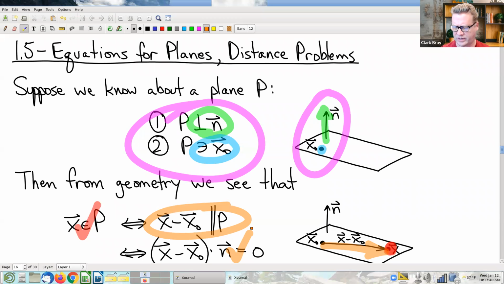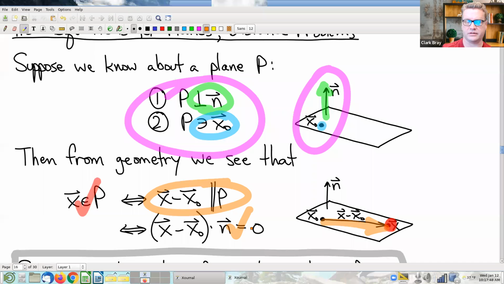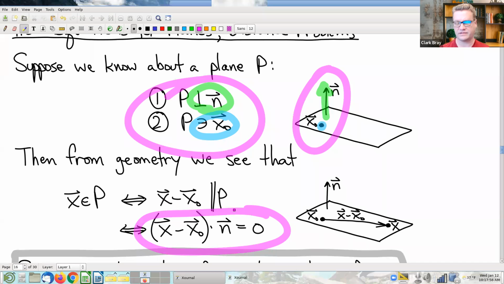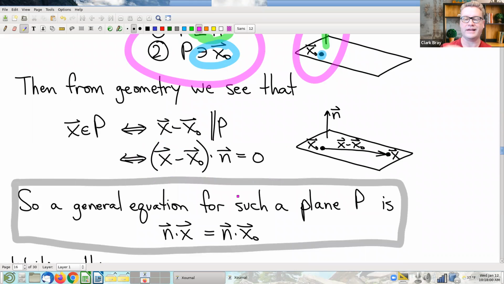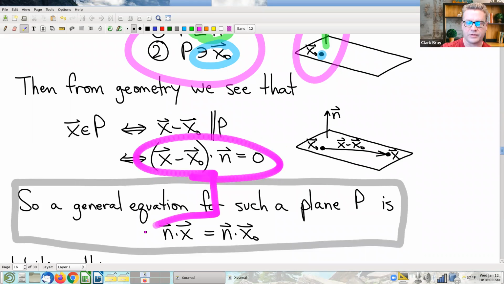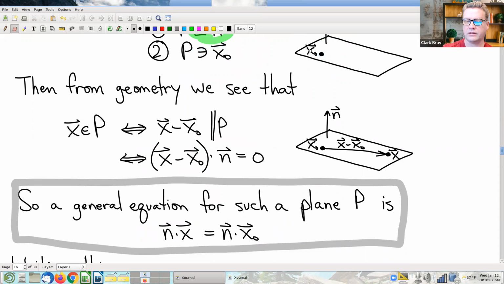That's another way to say the exact same thing, and we can write it with algebra. Okay, so there's our tester. The way we test some point is: does that point X satisfy this equation? It's a little bit more aesthetically pleasing to write it like this, but it's exactly the same thing. This is what we call the general equation for a plane.